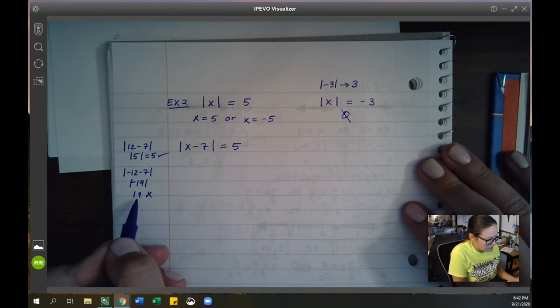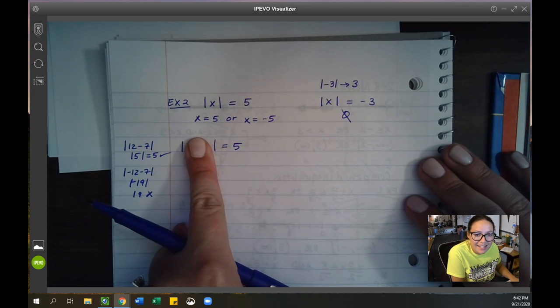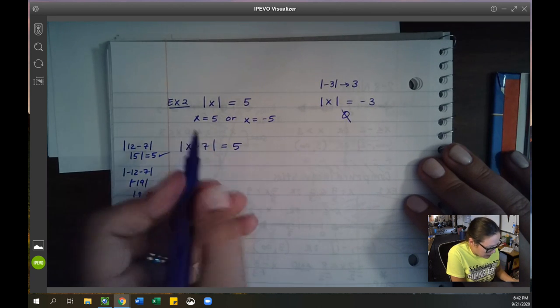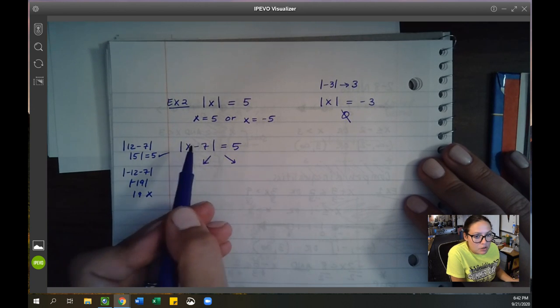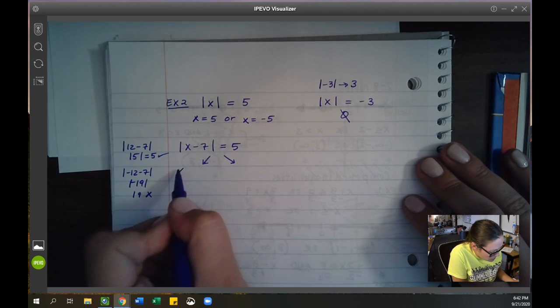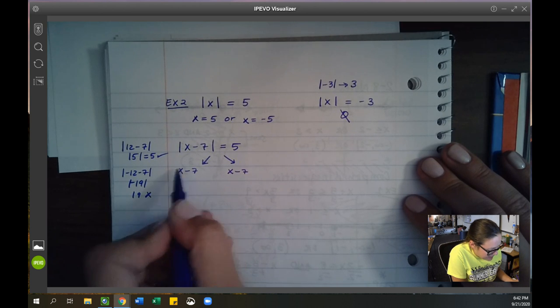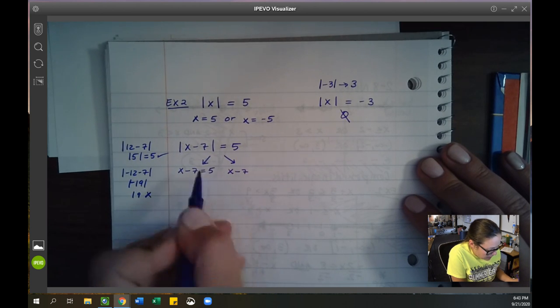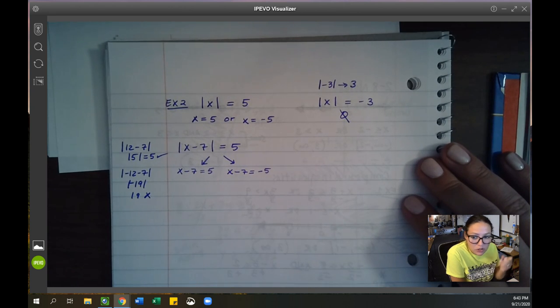This is not correct. What you have to understand is that whatever this is, it either equals 5 or it equals negative 5. So here's what you have to do. You have to write two equations. You have to take whatever the whole entire thing is that's in the absolute value, which in this case is x minus 7, and this whole thing either equals 5 or negative 5. So let's try it again.